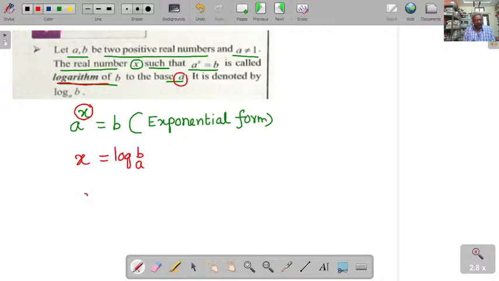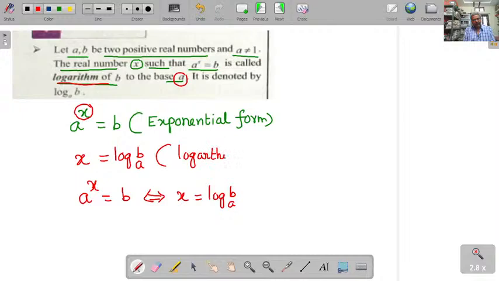Both are interchangeable. That means a power x is equal to b implies x is equal to log b to the base a. This is called logarithmic form. I hope it's very clear to you.